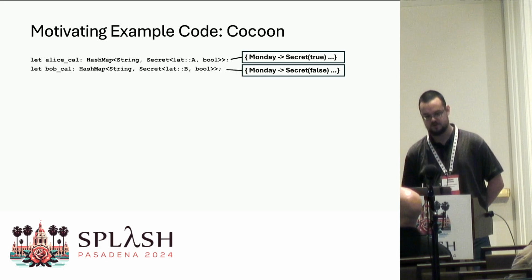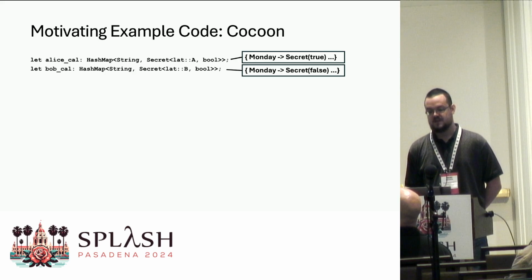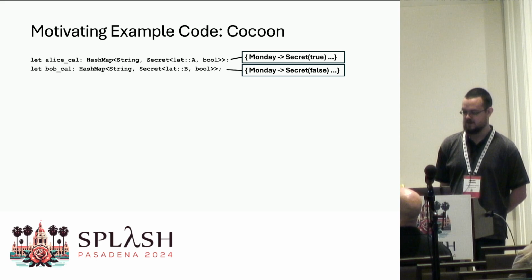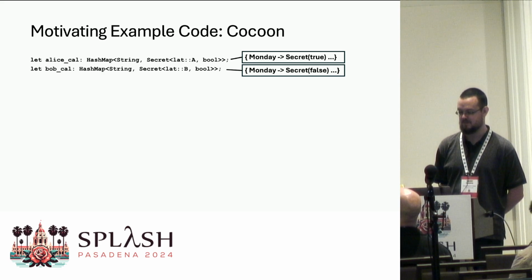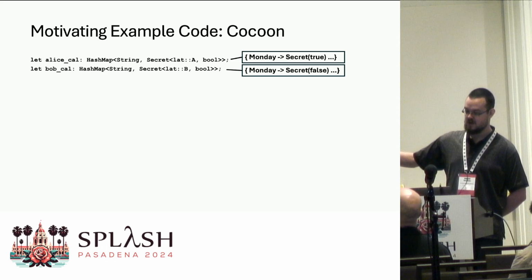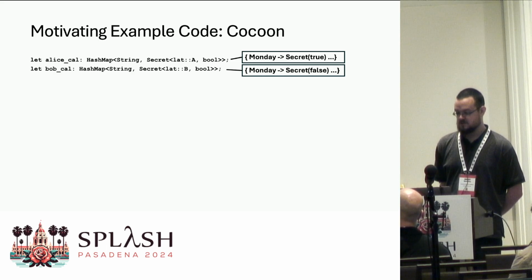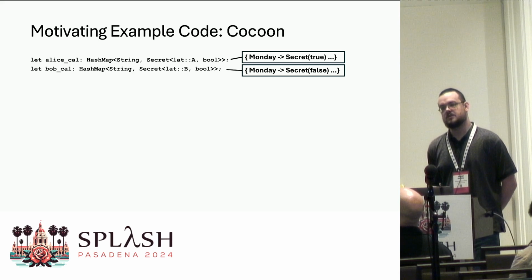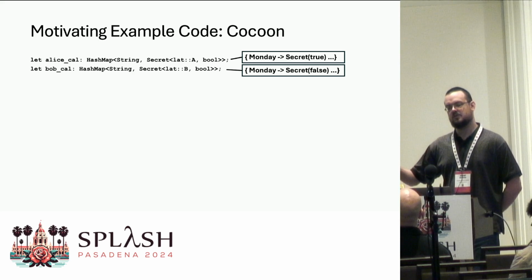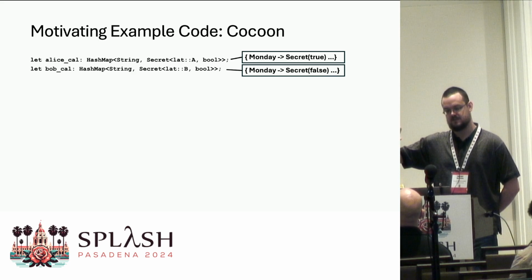Well, to start with, we have Alice's calendar and Bob's calendar, both represented by hash maps, with an example entry in the hash map up to the right there. So you have Monday mapping to a secret value, secret true, or secret false for Bob in this case. Secrets are handled by wrapper types around a piece of data.